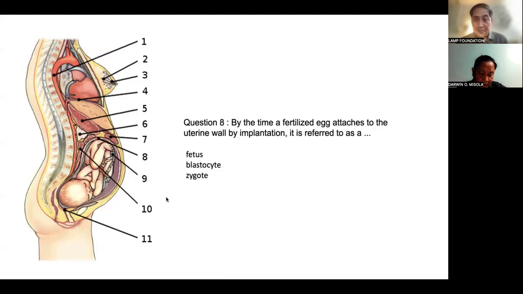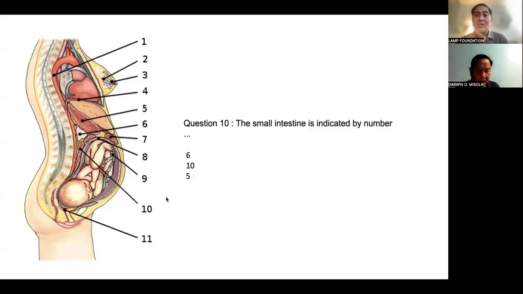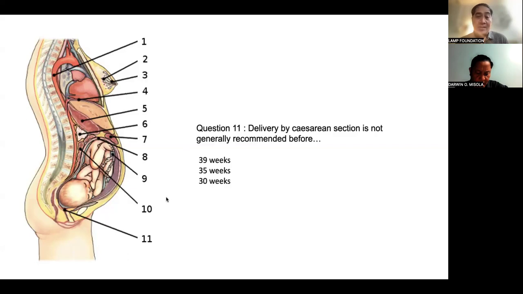By the time a fertilized egg attaches to the uterine wall by implantation, it is referred to as a blastocyst. Number 1 is pointing to aorta. The small intestine is indicated by number 10. Delivery by cesarean section is not generally recommended before 39 weeks.